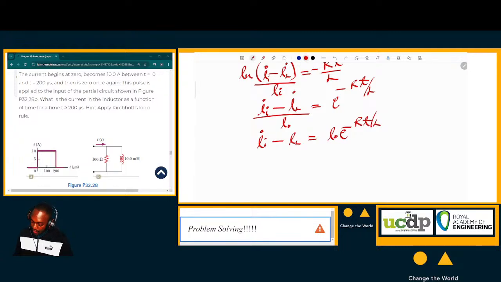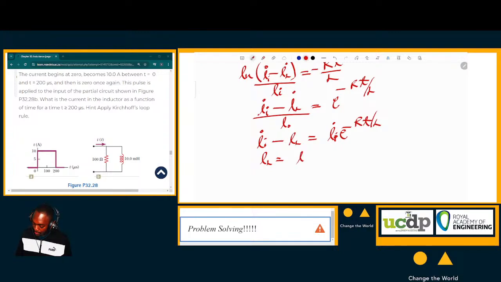So if you do that, then you can collect like terms. So IL of the inductor, if you take it to the other side, becomes positive.